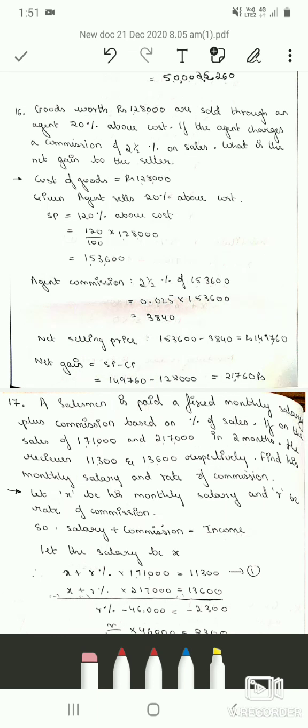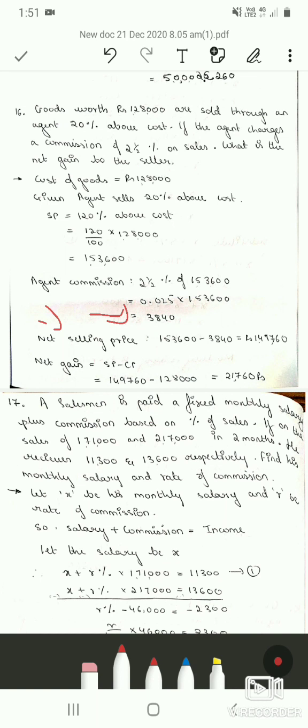So the agent rate was 2 1/2% of the selling price. So this is 5 divided by 2 divided by 100, which is 0.025 into 1,53,600 rupees. When you simplify, we get 3,840.